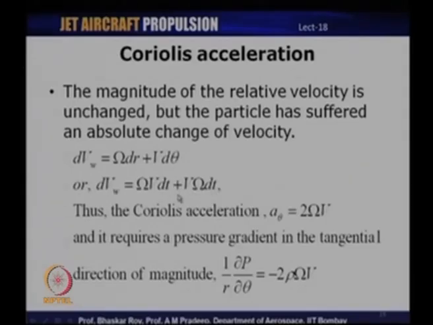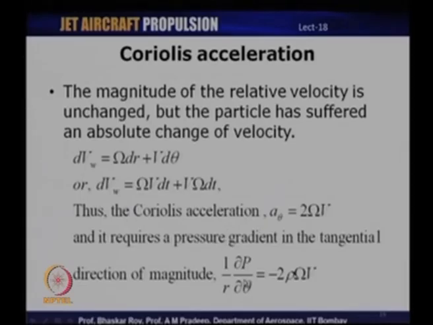Therefore, the component of this which contributes towards the Coriolis acceleration, represented by a subscript theta or w, is equal to 2 times omega into v. That is, Coriolis acceleration is a function of the rotational speed or the angular velocity and the relative velocity. So, 2 times omega into v basically represents the Coriolis acceleration here.